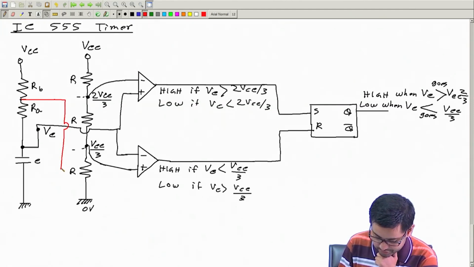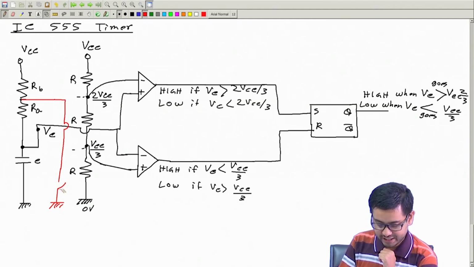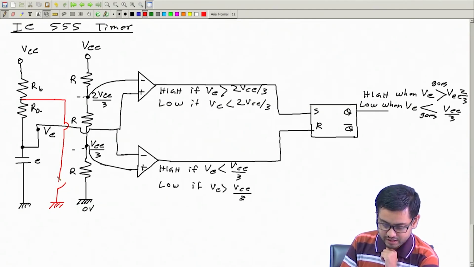If I keep this switch open, it will just charge the capacitor.